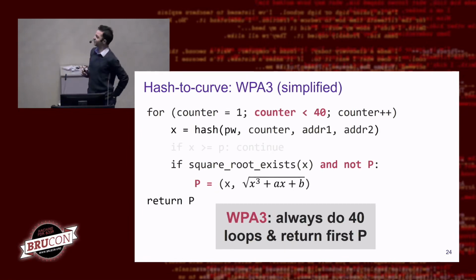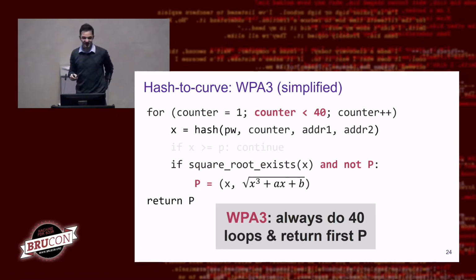What they do here in WPA3 is they always execute 40 loops of the iterations, and for the element P they simply pick the first solution that we find. So if we find a solution in the first iteration, we assign the result to P, and then we execute 39 additional iterations so that this algorithm always executes 40 loops.